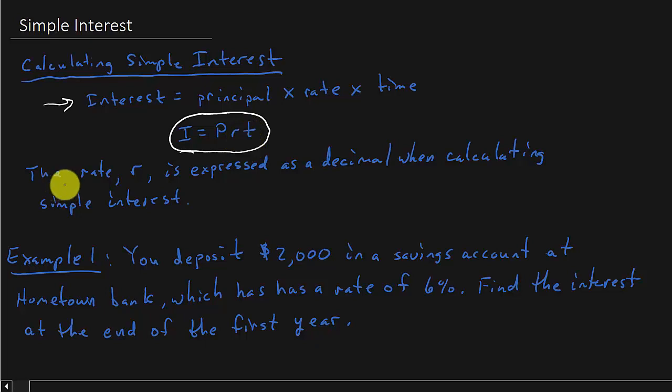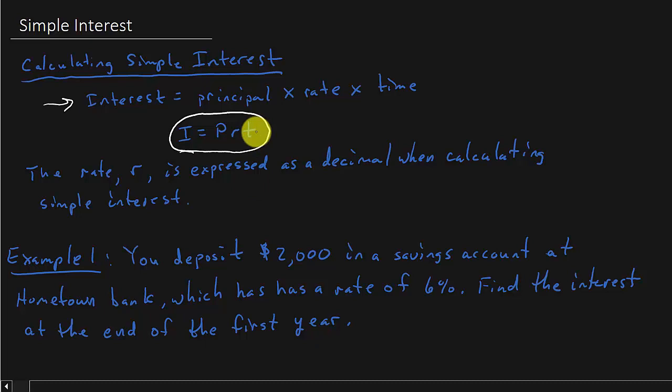Now, let's make a note here. The rate R, you have to express as a decimal. So when they give you the interest rate, you need to convert it to a decimal. And remember, to convert a percentage to a decimal, you just move the decimal two places to the left.